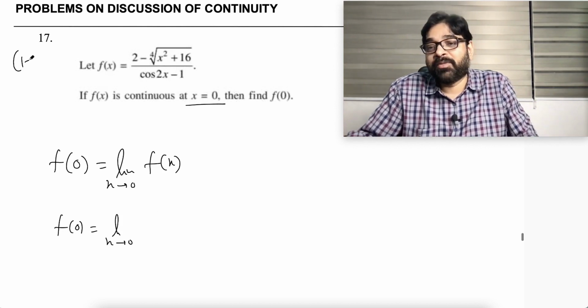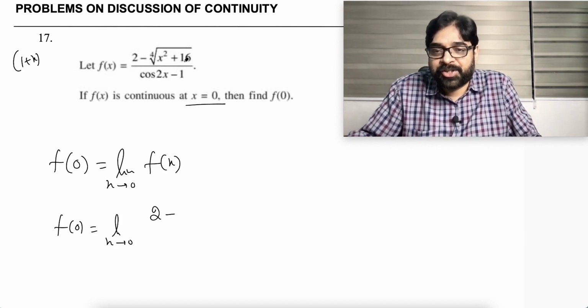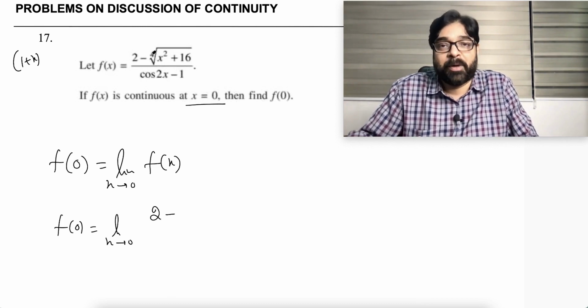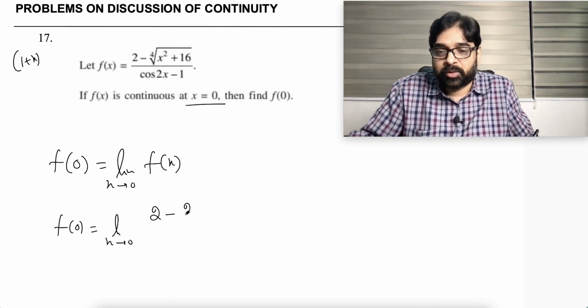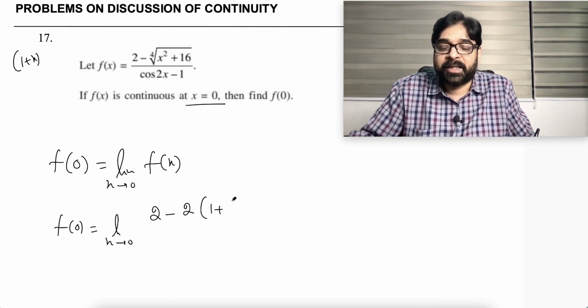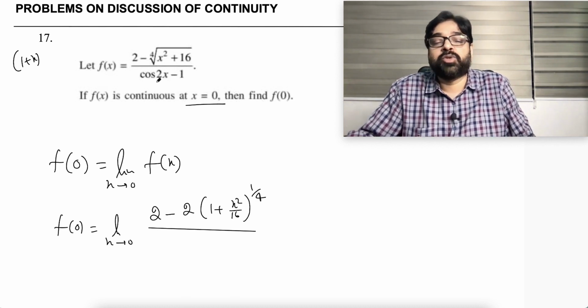Because I always want 1 plus x power something. If you take 16 common, what will come outside? 16 power 1 by 4, because this is the fourth power. So 16 power 1 by 4 will be 2. So 2 into (1 plus x square by 16) power 1 by 4, divided by cos 2x minus 1.